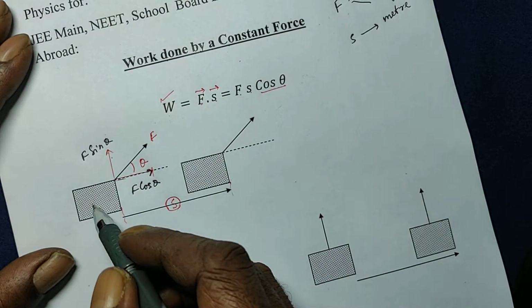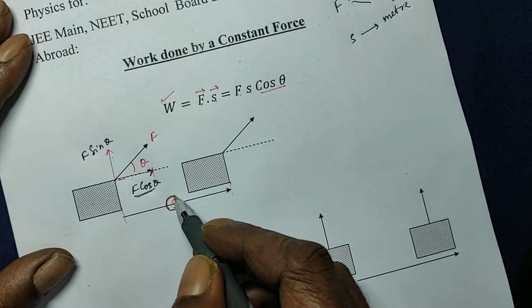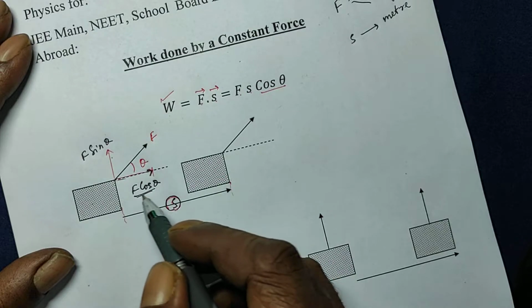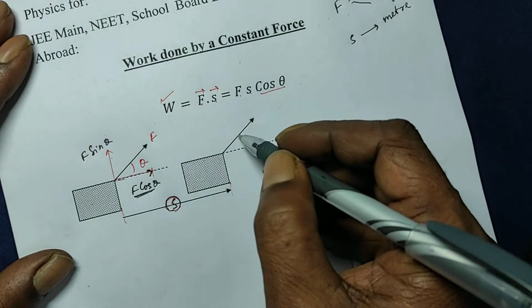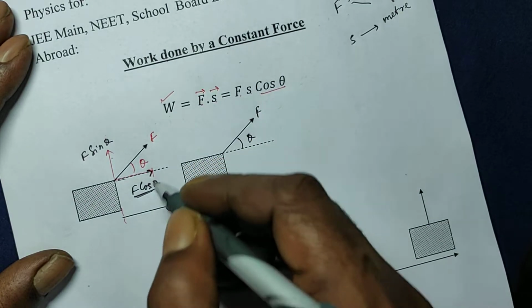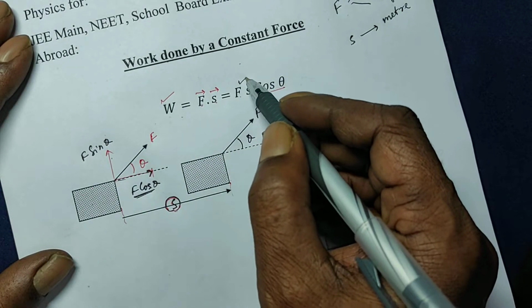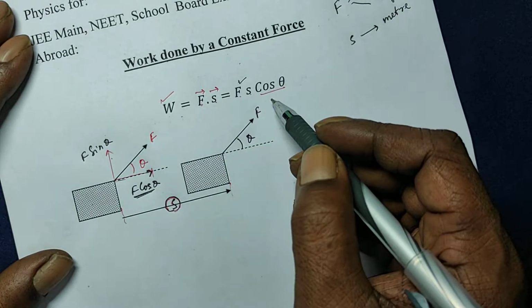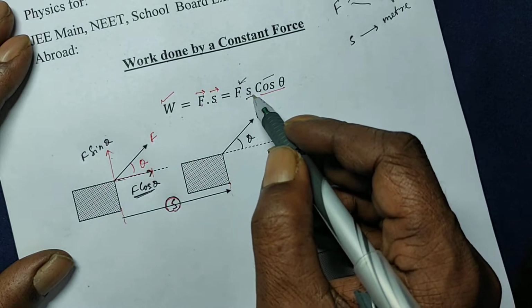Now this object is moving towards the right due to F cos theta, and this is the displacement, and F cos theta and the displacement are in the same direction. This is the same F, this is the same theta as this. So it's a product of the component of the force, F cos theta, times the displacement.